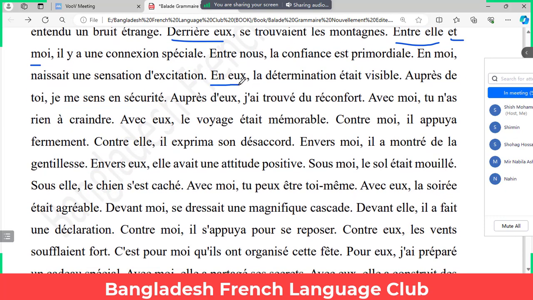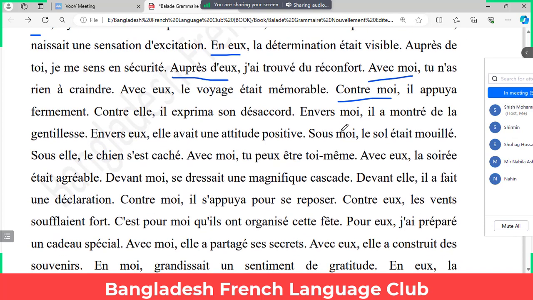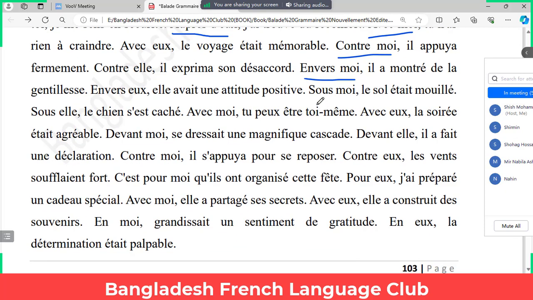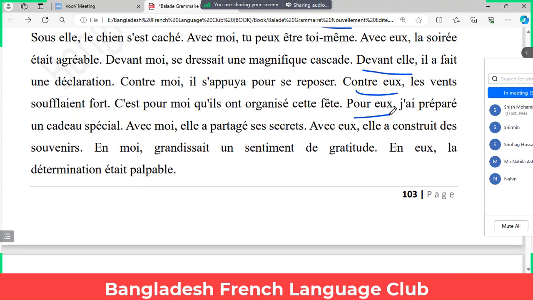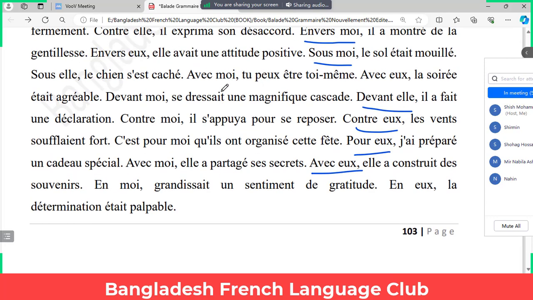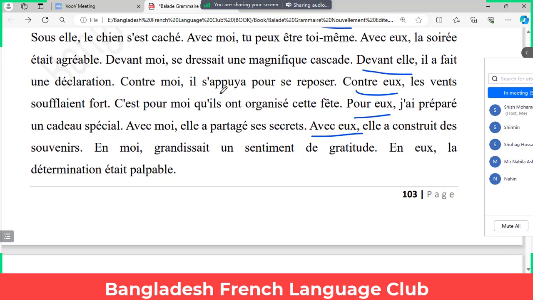Chez is a preposition, then auprès de, avec moi, contre moi, okay? Envers moi, sous moi, devant elle, contre eux, pour eux, okay? Avec eux, right? So everywhere, when you see this, we need to use the tonic form after the preposition, okay?